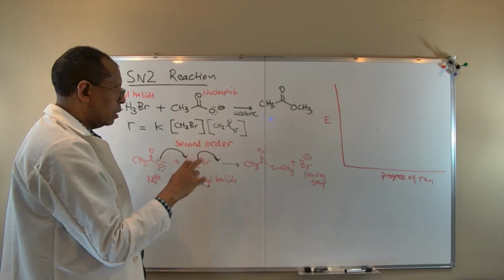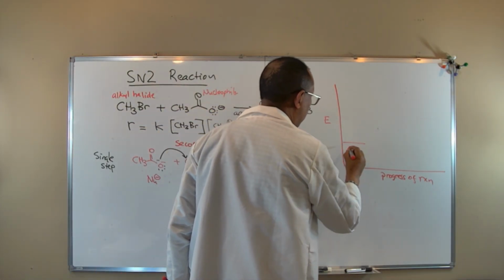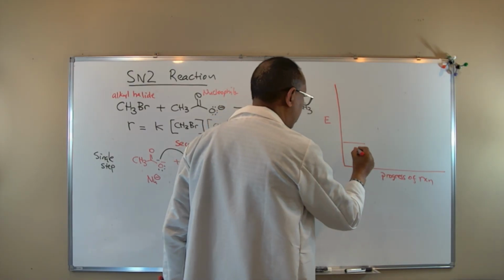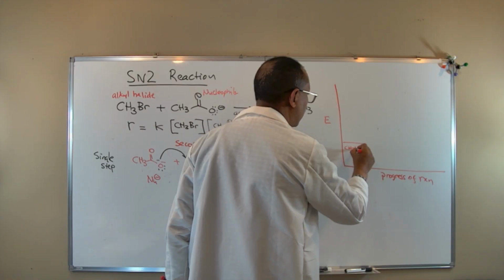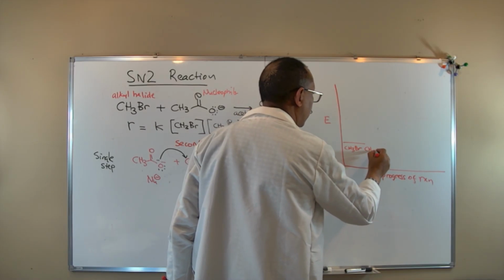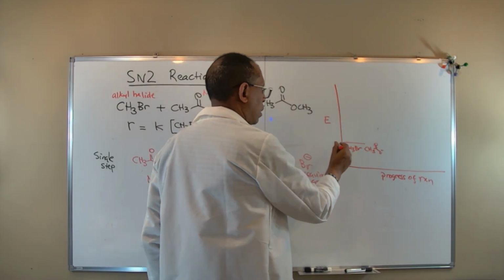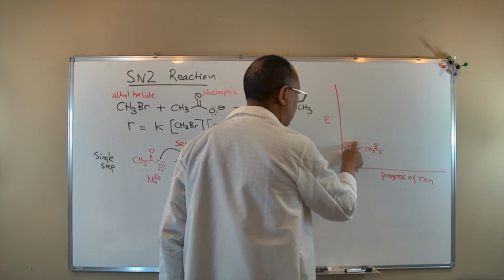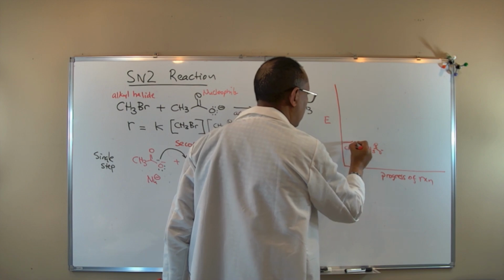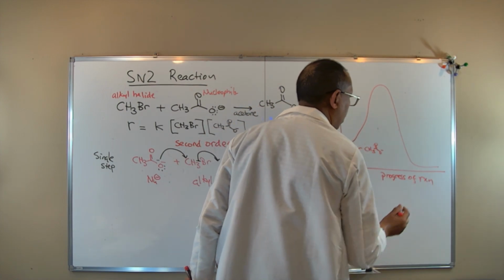bumps in the reaction. So let's say your starting material, your alkyl halide, CH3Br, and the nucleophile, which is O minus, are here to start with. So now the energy diagram looks like you have this, and this is a product.